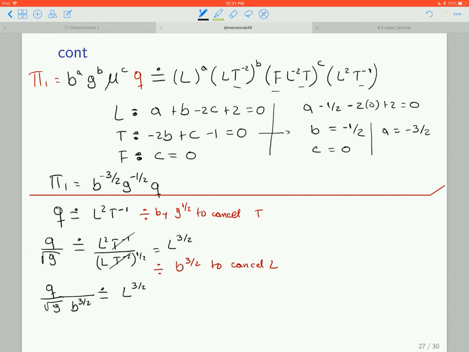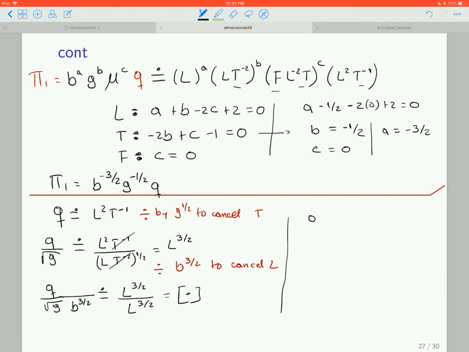We have L to the 3/2 coming from before, and we divide by the dimensions of b, which are L to the 3/2, so this is dimensionless.